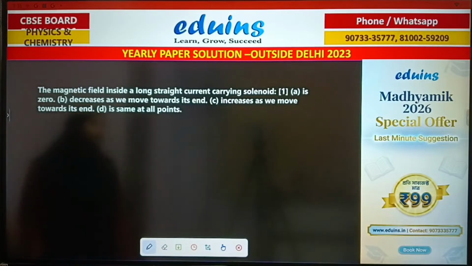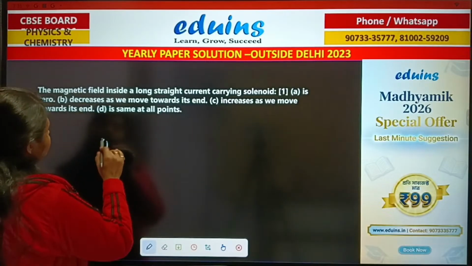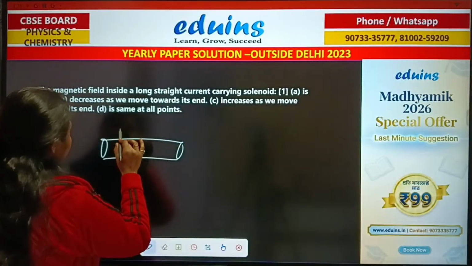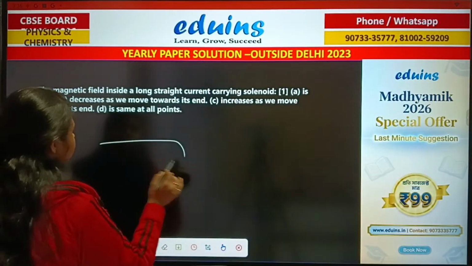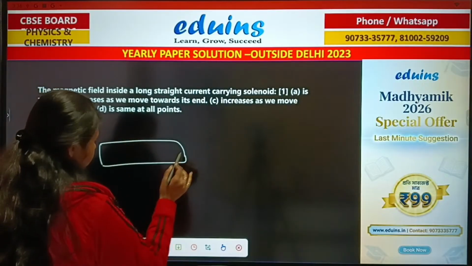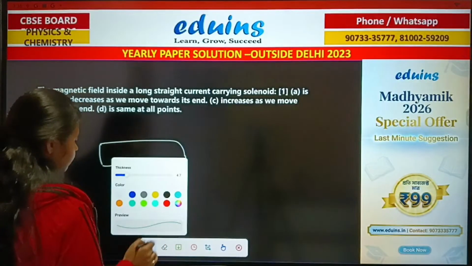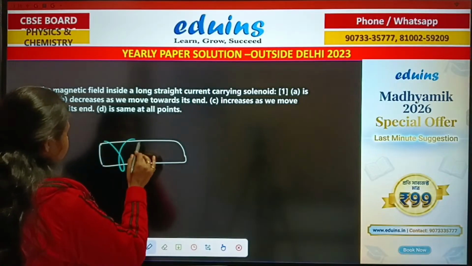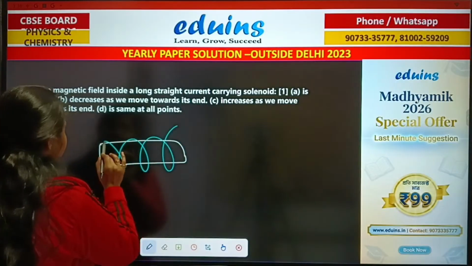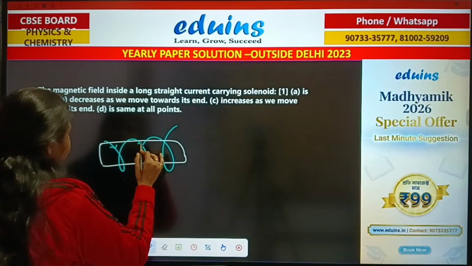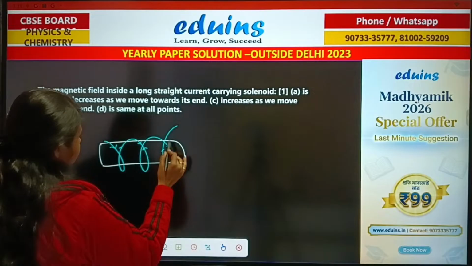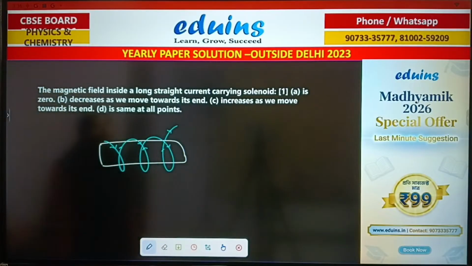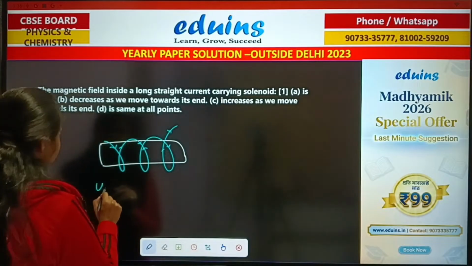So we know that the magnetic field of a solenoid is uniform everywhere.